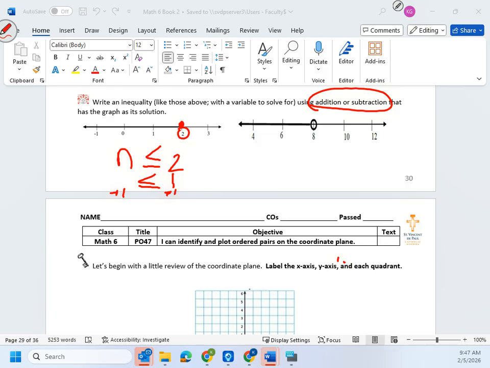What's the opposite of plus 1? Minus 1. So if I said n minus 1 is less than or equal to 1, when I solve that with my opposite operations, I get n is less than or equal to 2. See how we worked it backwards?